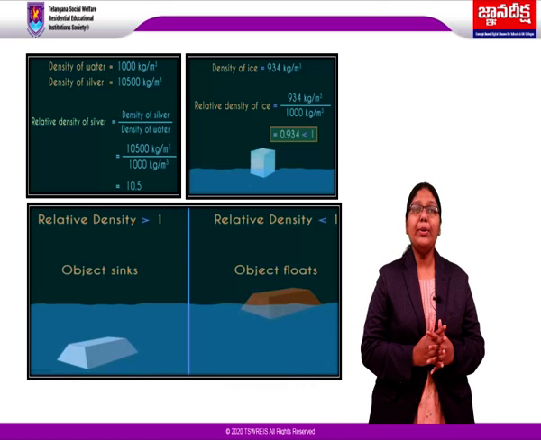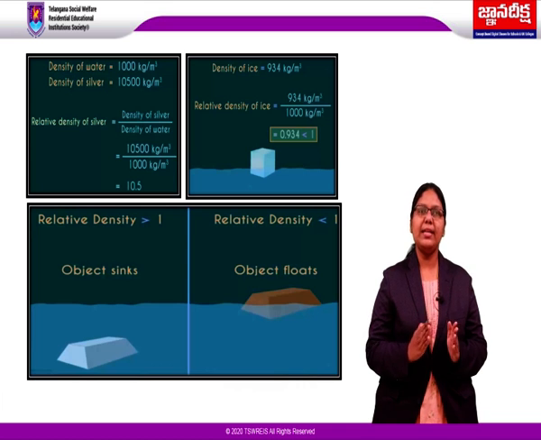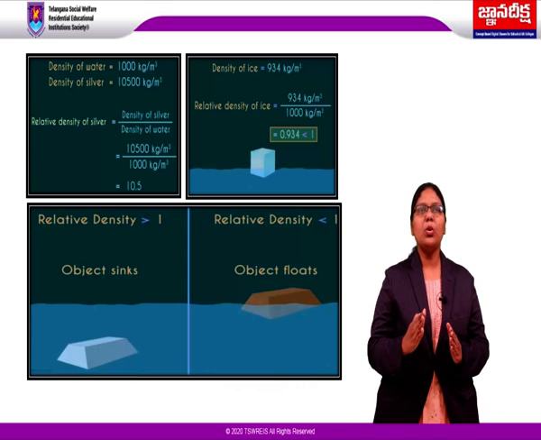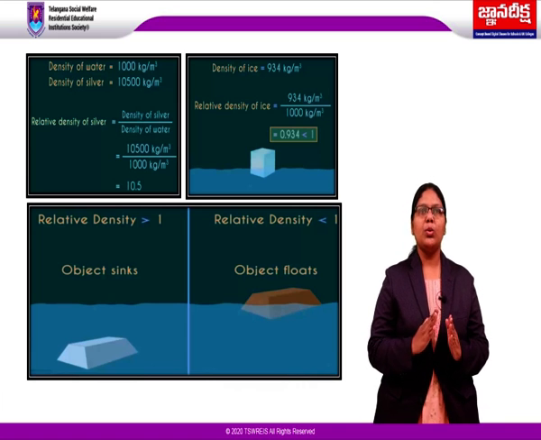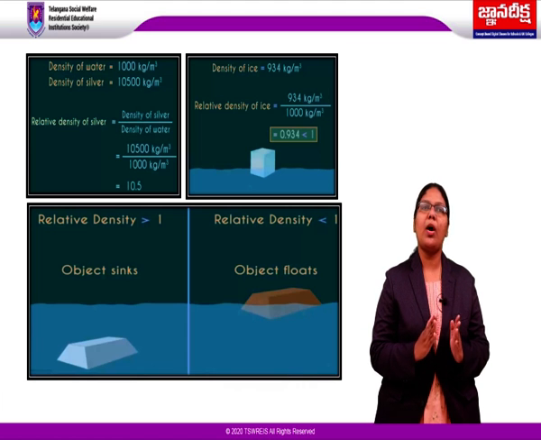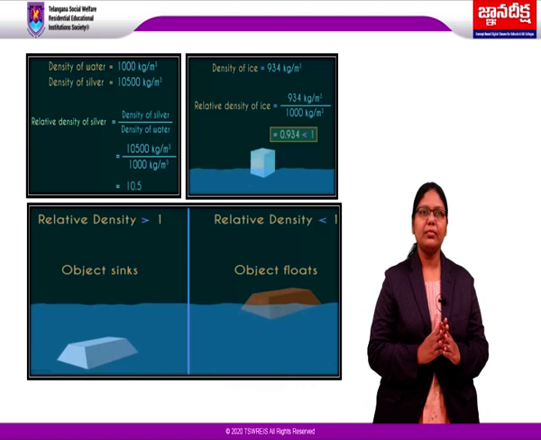So we all know the relative density of water is 1. So if an object's relative density is greater than 1, those objects sink in water. If an object's relative density is less than 1, those objects float on water. So from the above example, silver sinks in water as its relative density is 10.5, which is 10 times greater than the relative density of water, which is 1.